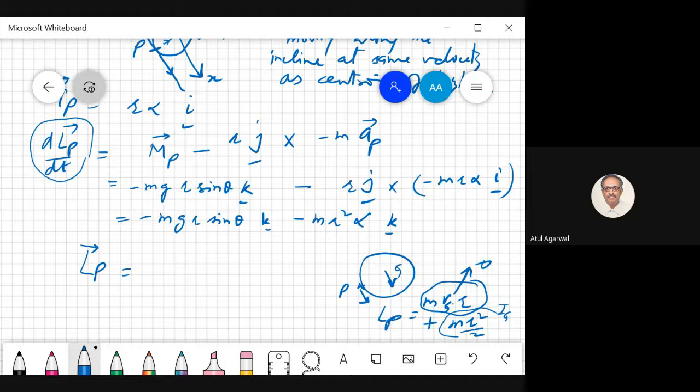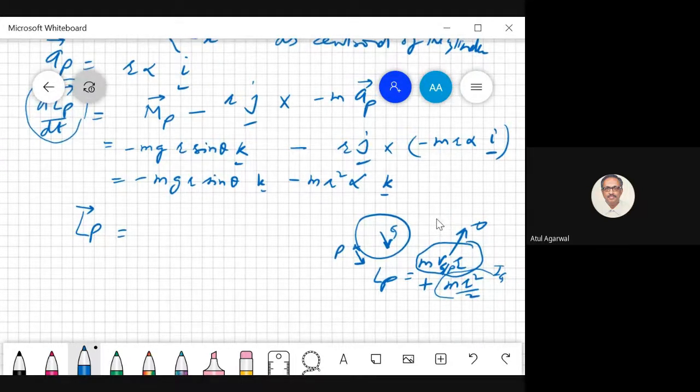So this was basically G with respect to P. Since this velocity is the same, this term goes to 0. And you are having mr square by 2, so your LP becomes this.